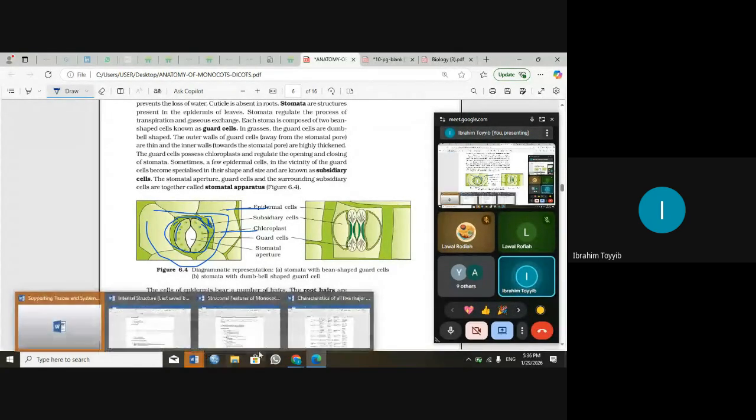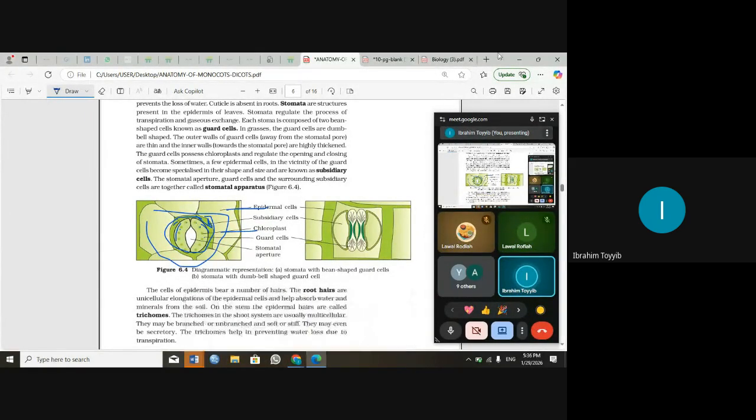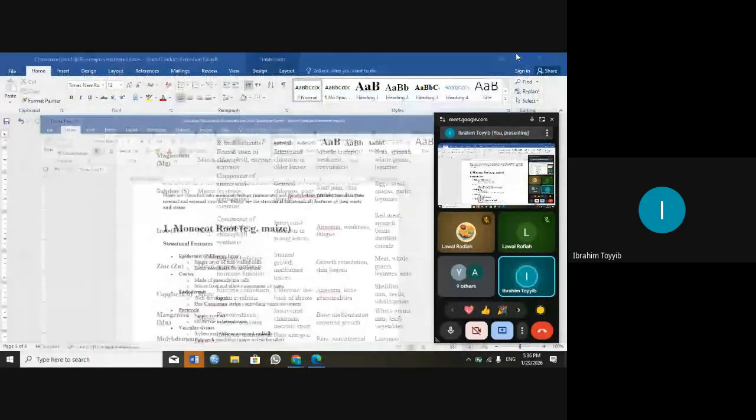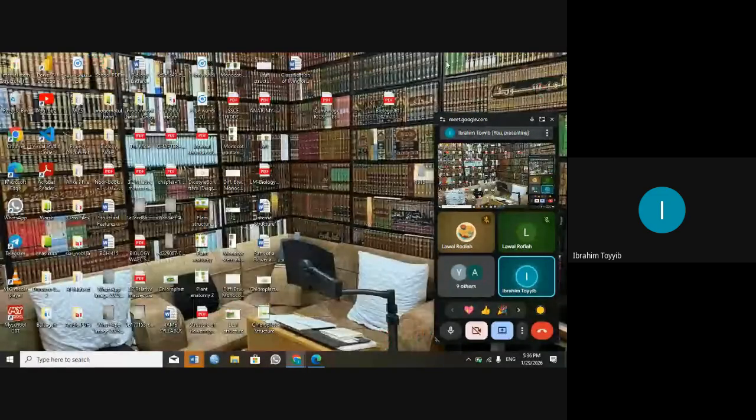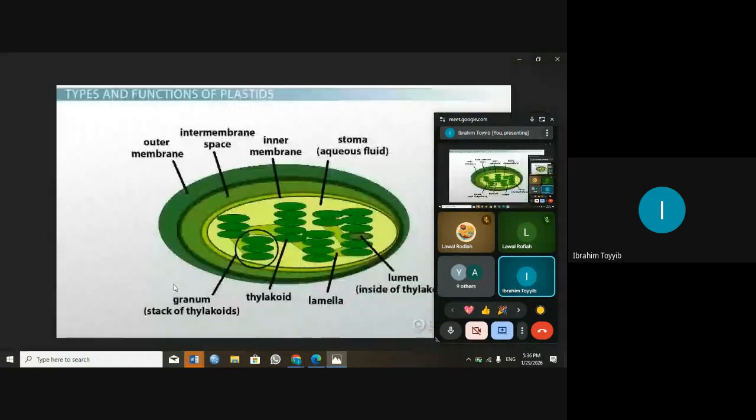Let me quickly take us through the structure of chloroplast, because it is essential also. So that's the chloroplast that has the green pigment chlorophyll in it. This is the structure that is present in plants. You have the outer membrane, intermembrane space, inner membrane, stroma.